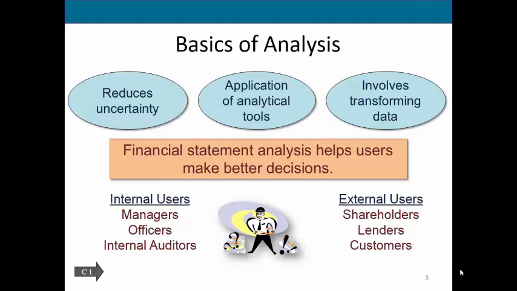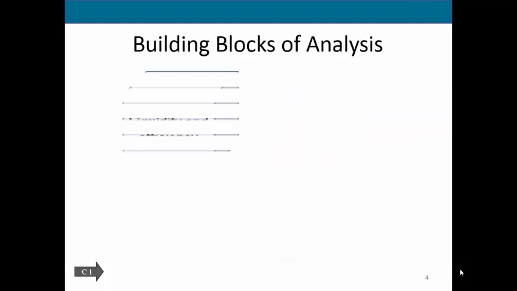External users are not privy to all of the information that internal users have. On the other hand, external users only get the publicized information, and those are generally your basic financial statements. Internal users, on the other hand, use managerial accounting information, and they use our basic financial accounting information, which is those basic financial statements.